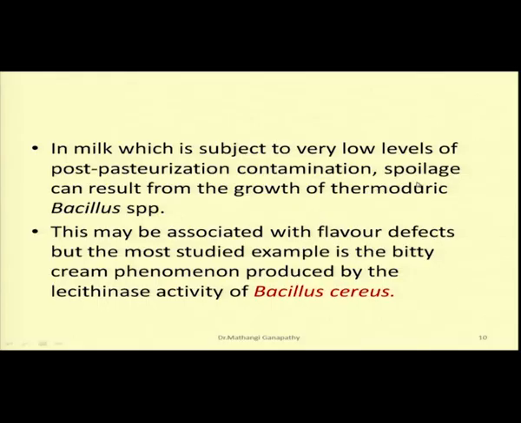In milk which is subject to very low levels of post-pasteurization contamination, the usual spoilage organism which grows is Bacillus, which is thermoduric, because it can withstand the pasteurization temperature. The growth of this Bacillus usually is associated with flavor defects, but in most cases this is called the bitty cream phenomenon because of the lecithinase activity of Bacillus cereus.